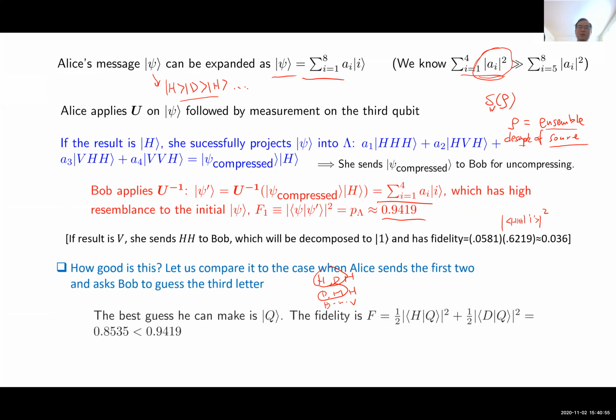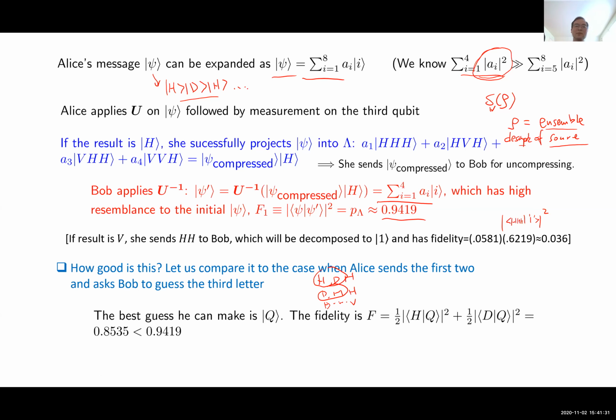And that would have fidelity with H or D of only 85%, which is less than 94. But you could also think maybe Alice and Bob could do something different. But it's roughly just this. So there is at least some advantage, 95% versus 85%, maybe about a 10% fidelity increase if they use compression.